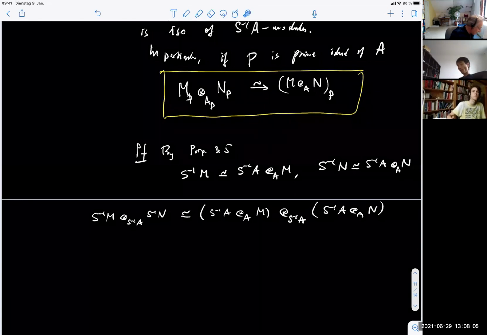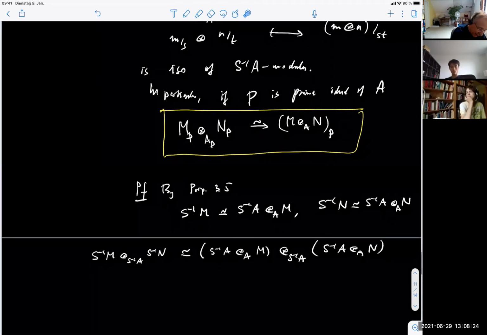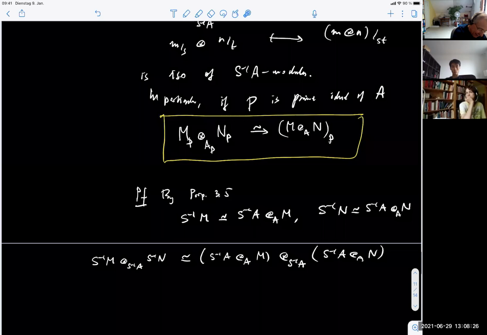Let me write this general principle that I want to apply, but without proving it. But at least you will see the logic. Maybe I should have said this before. Let me first do this as a little intermission.